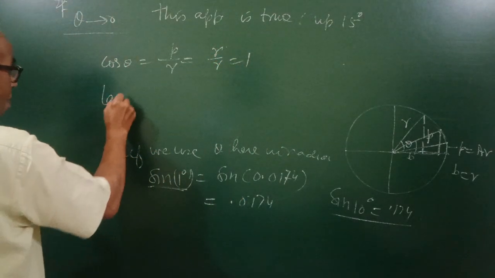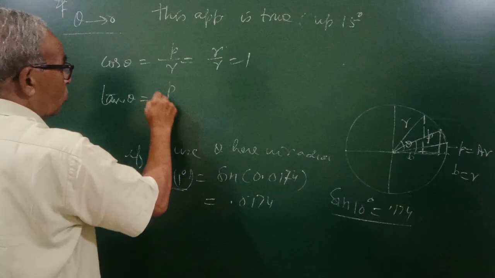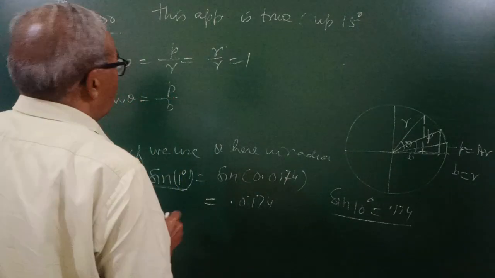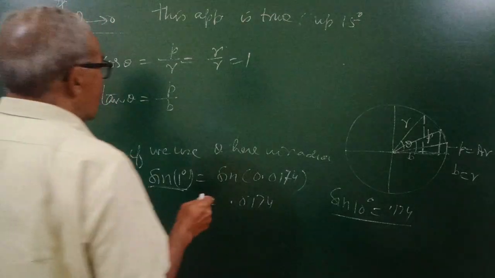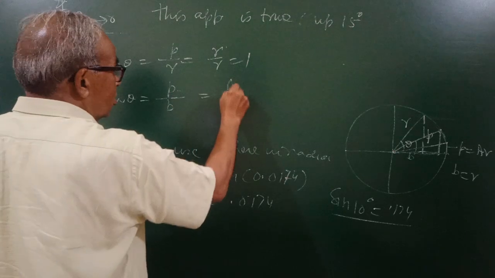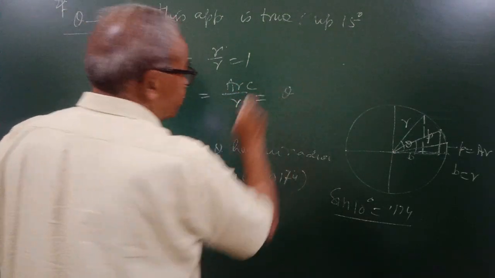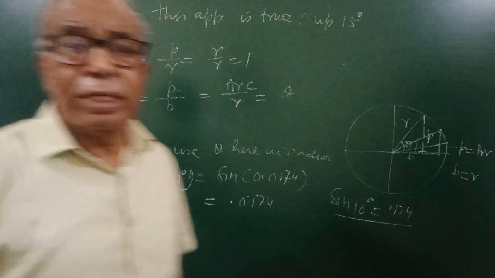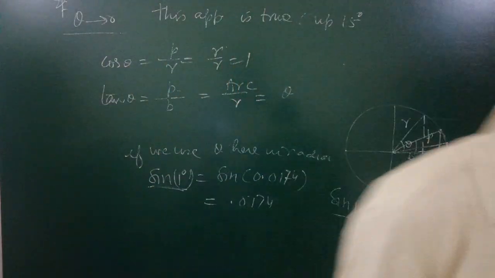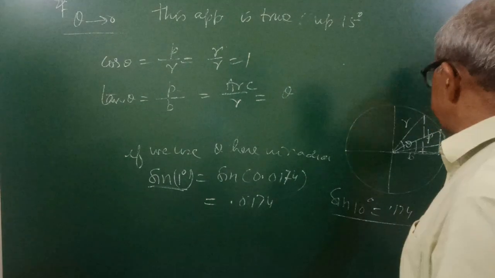Tan theta is perpendicular upon base, and the perpendicular becomes the arc and the base becomes the radius, so again it is theta. So when theta is small, sin theta is equal to theta, cos theta is equal to 1, and tan theta is equal to theta.